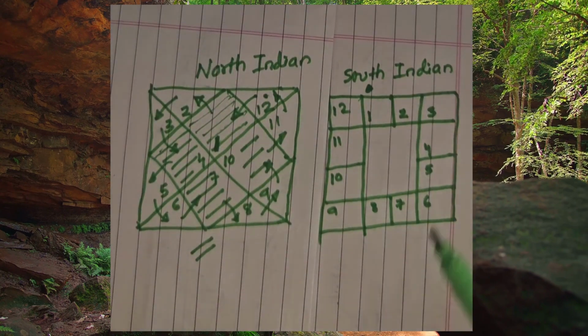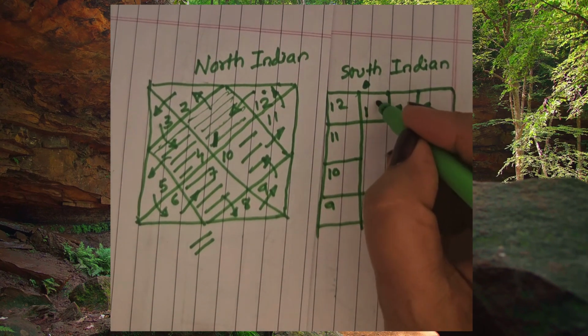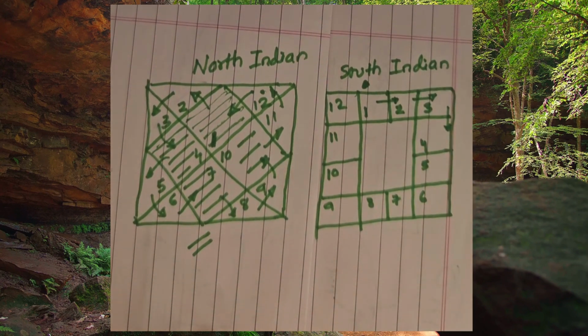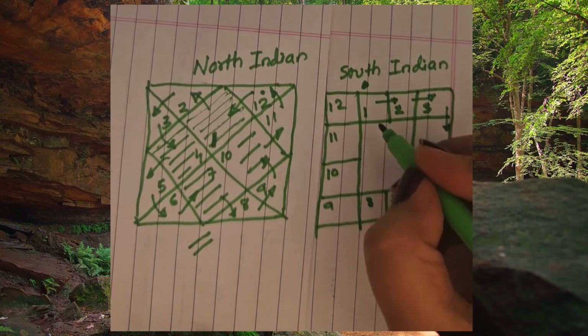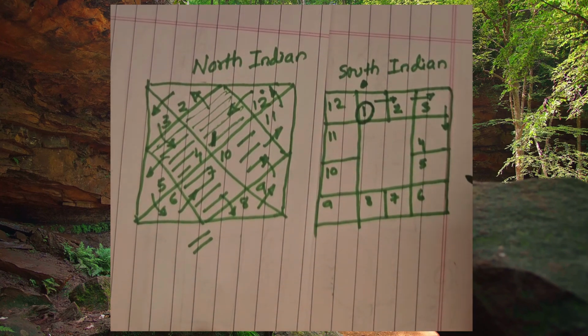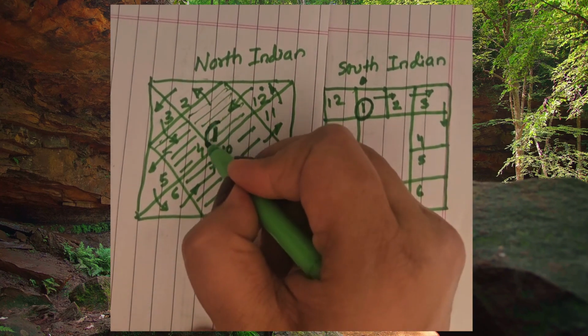In the South Indian chart, it is in a clockwise direction. This is the way it goes in the South Indian chart. One more difference between the North Indian chart and the South Indian chart is that number 1 always remains constant over here. It never changes.